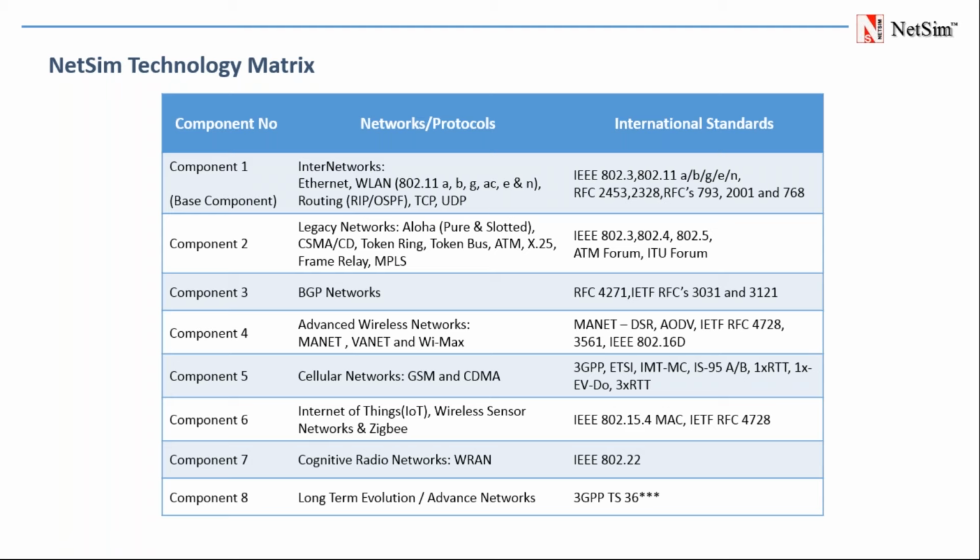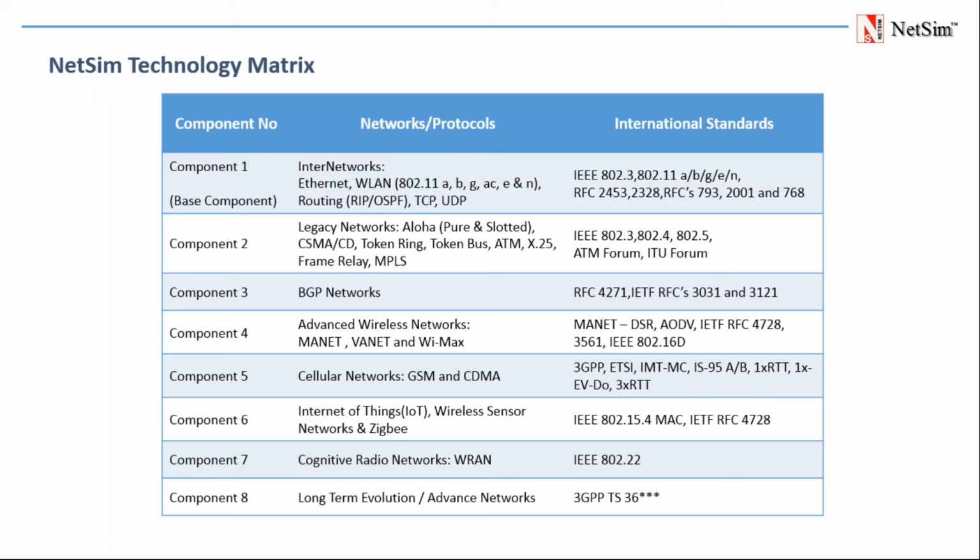So this is NetSim version 9.1. The attendees who were not present yesterday, I'll just give you a brief about the NetSim software. The whole software NetSim is divided into these 8 components only. First is internetworks. It is having Ethernet, wireless LAN, routing, TCP, UDP. Then component 2 is having legacy network over Aloha, CSMA, CD, token ring.